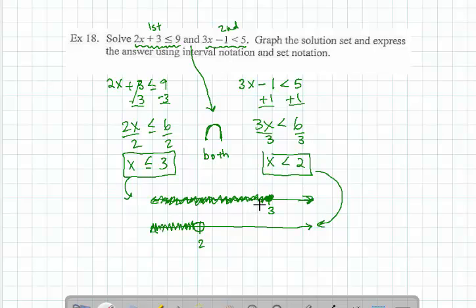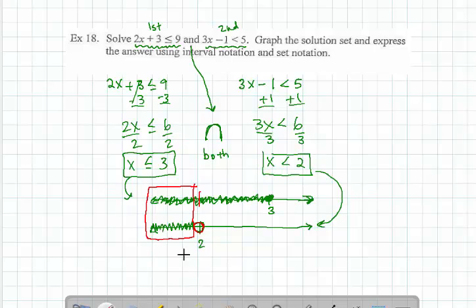Okay, which numbers are in both intervals? That would be these numbers right here, the numbers that are less than 2. So 2 itself isn't included because it's not included in this second interval. 2 is included in the top one, but not the bottom one.